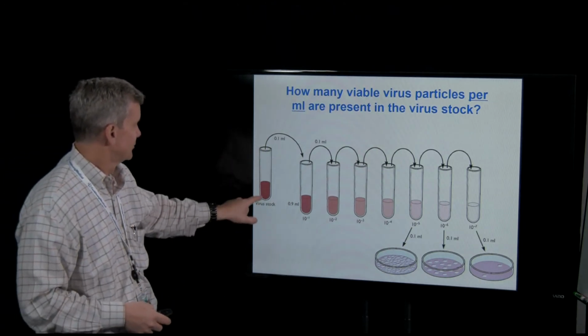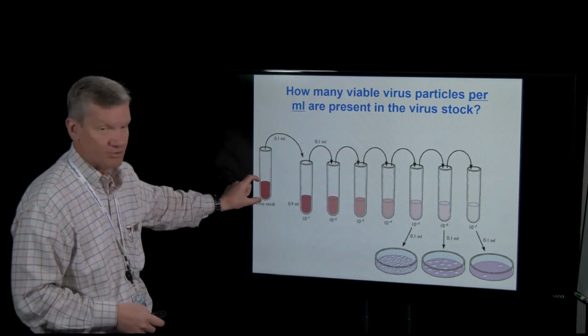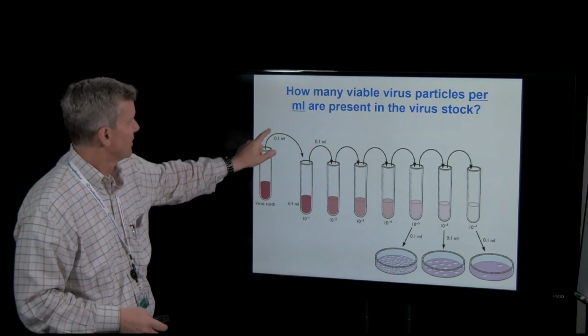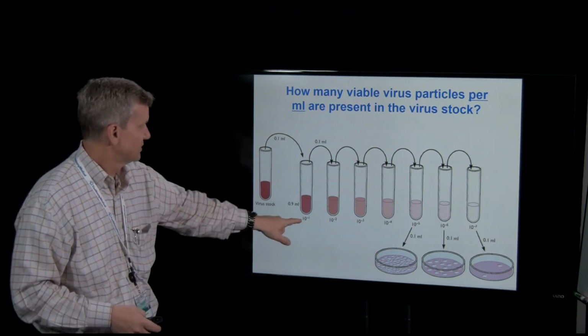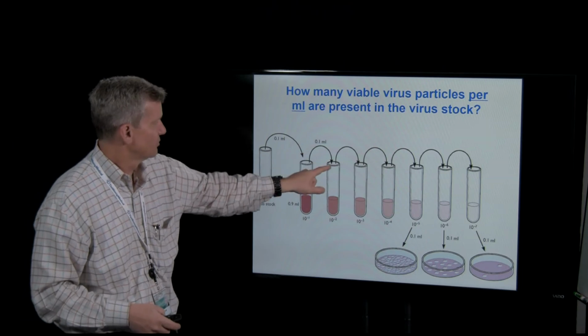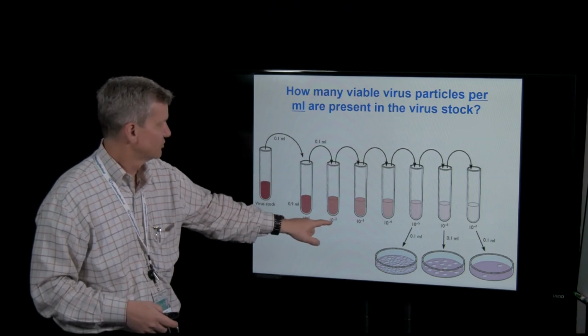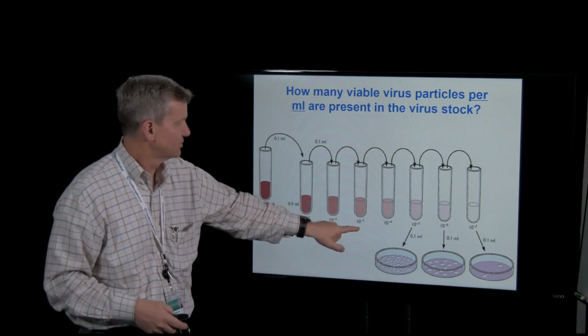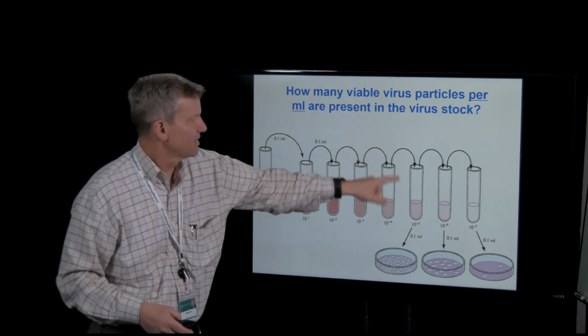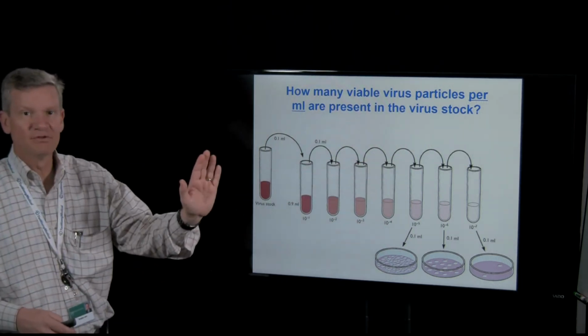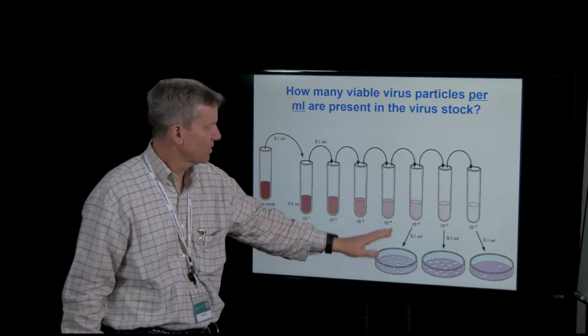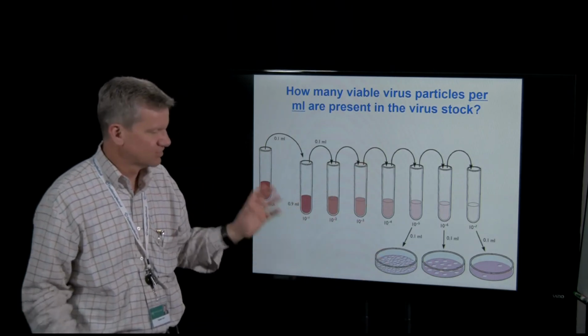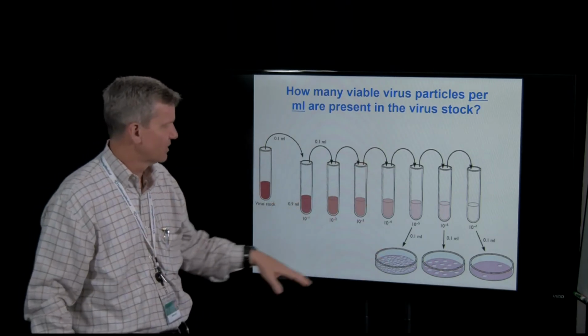You start with your pure virus stock or serum and make a tenfold dilution, so 10 to the minus 1. Then another tenfold dilution, 10 to the minus 2, a 100-fold dilution. 10 to the minus 3 is a 1,000-fold dilution. You keep making dilutions until you think you've made enough, and sometimes you have to repeat these experiments.